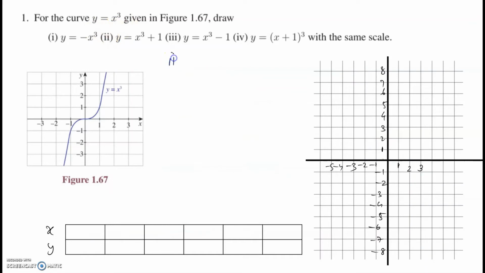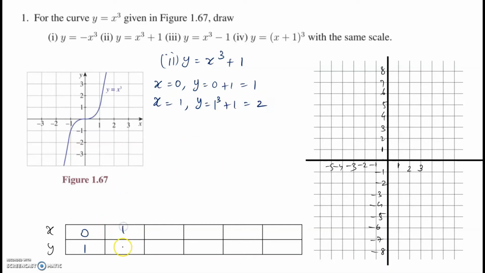Let's do the second one. Y is equal to x cube plus 1. Same way, let's put the values. When x is equal to 0, then y will be equal to 0 plus 1, that is 1. So x is 0, y is 1. When x is equal to 1, then y will be 1 cube plus 1, that is 2. So 1 and 2. When x is equal to 2, y will be equal to 2 cube plus 1, that is 8 plus 1, that's 9.